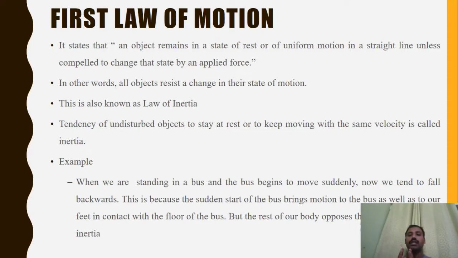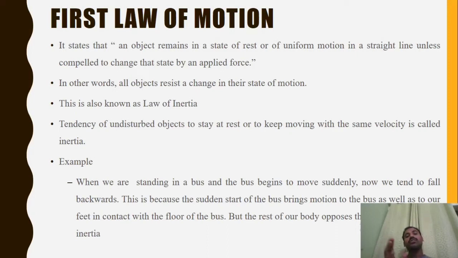Similarly, every body will remain at rest if we do not apply any external force. If we apply an external force, the body will move in the direction of that force. Okay, is it clear? Every body will continue in the state of rest or uniform motion unless an external force is applied.